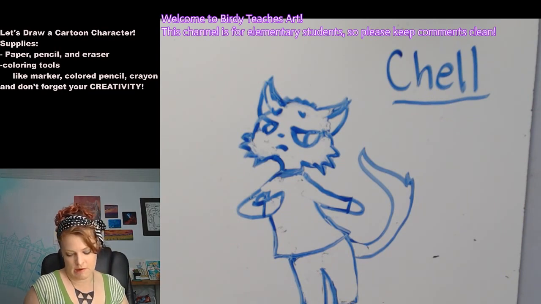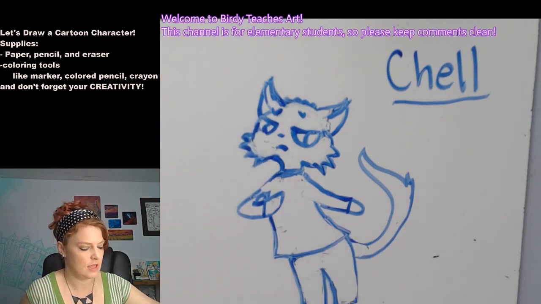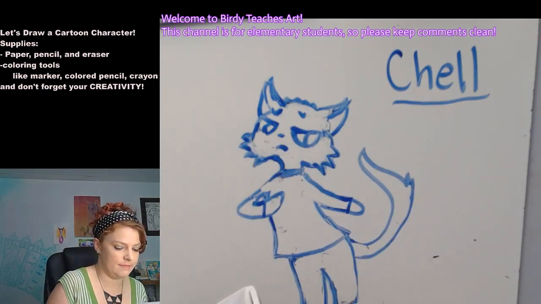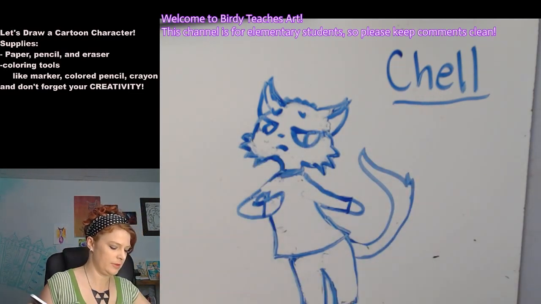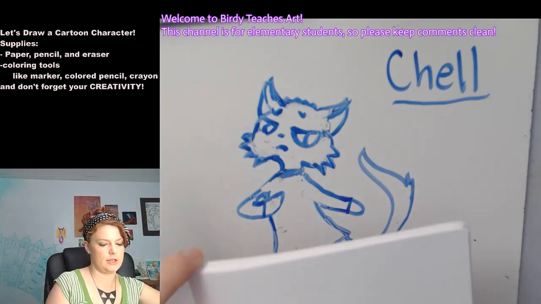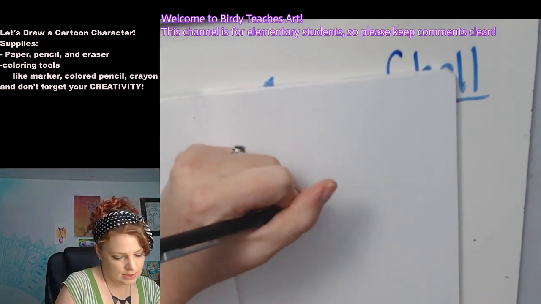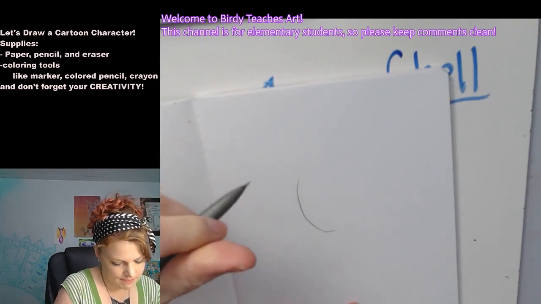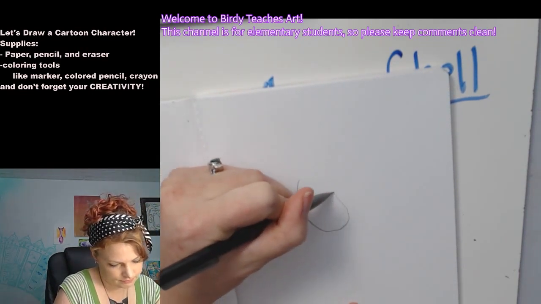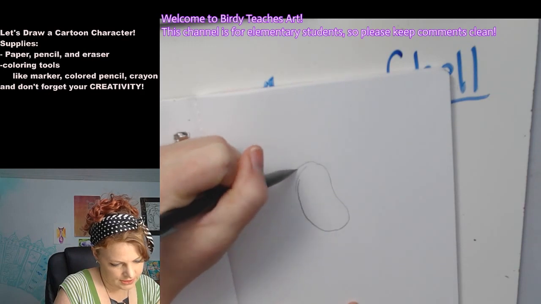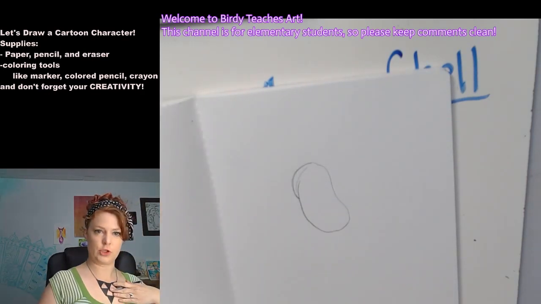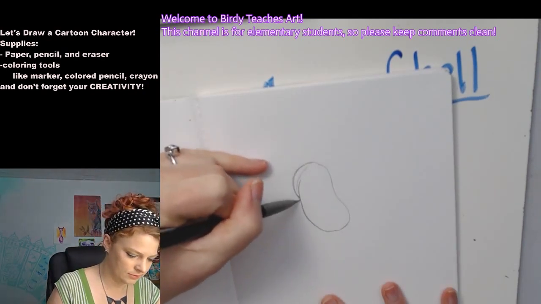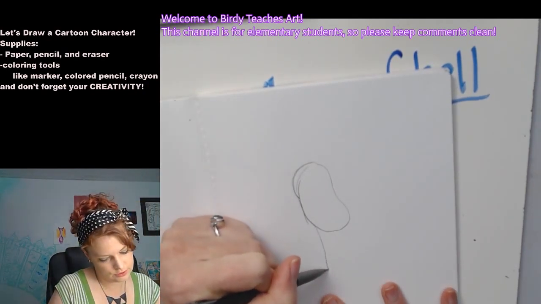Okay, so now that I've practiced it, let's see if I can draw her again. Whenever we're drawing cartoons, remember, we always have to draw them again. Okay, so I started with that bean shape, but this time I made her have a little bit more of a proud little chest.